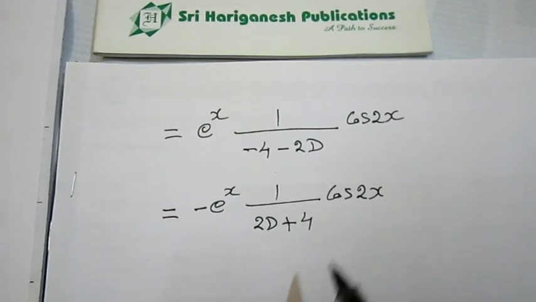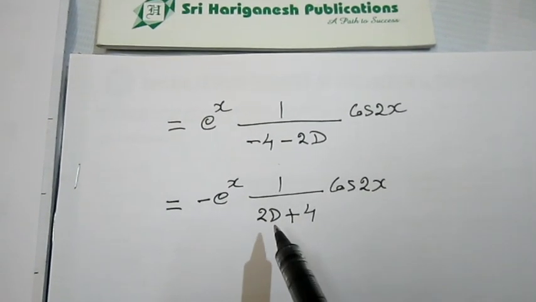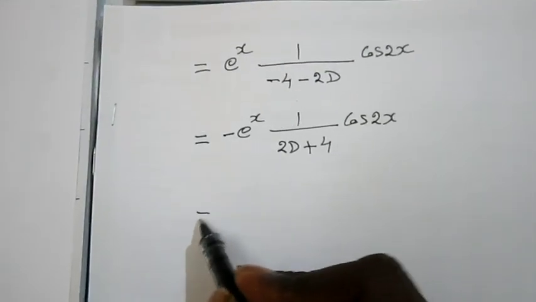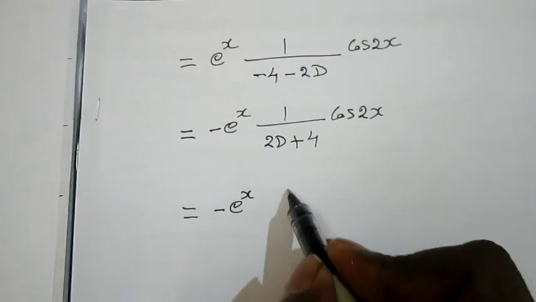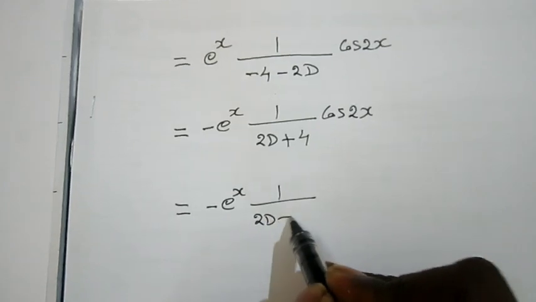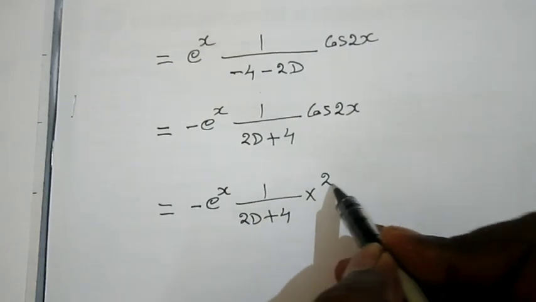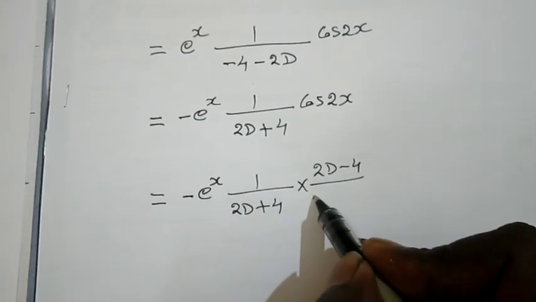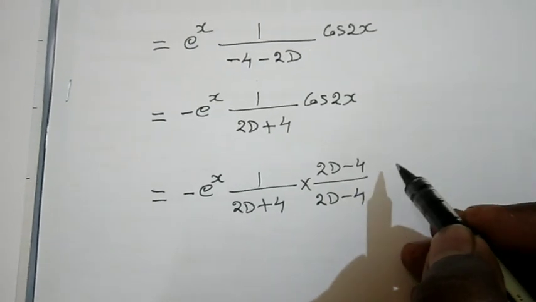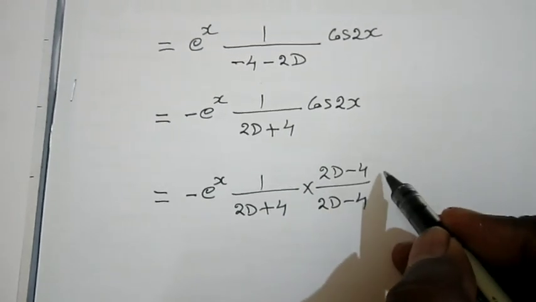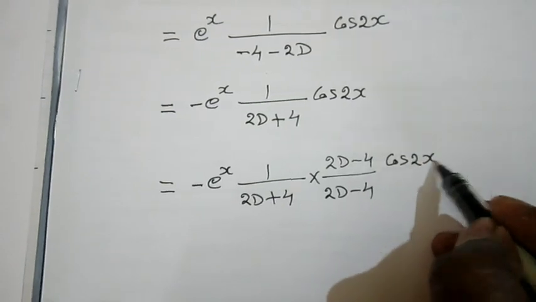So I am going to take the conjugate to convert the denominator to D square. Now minus e power x, 1 by (2D plus 4) into (2D minus 4) by (2D minus 4), taking the conjugate to convert the denominator into D square form, cos 2x.